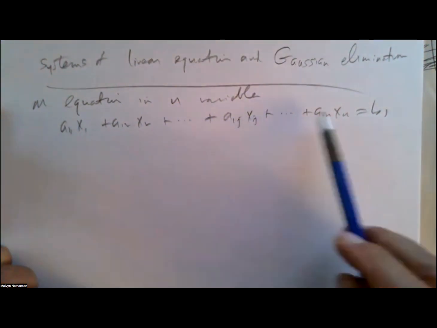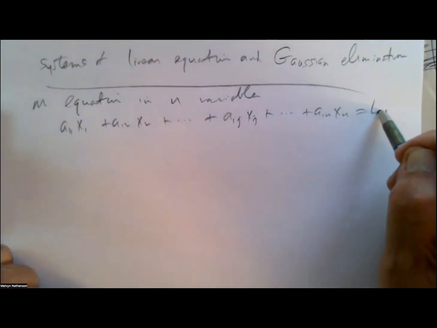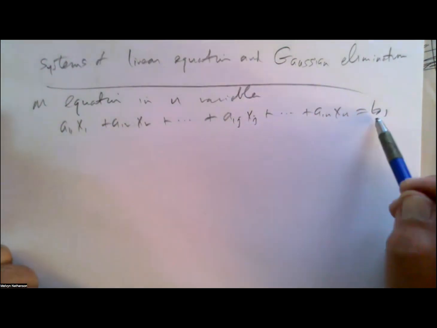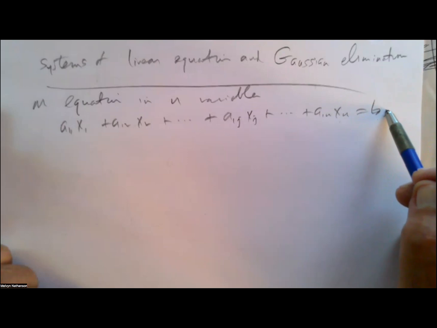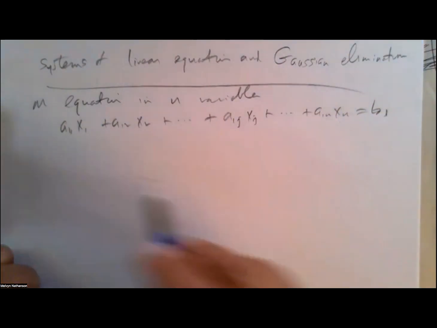So this is one equation in n variables. The right-hand side could be 0 or non-zero, but we're not specifying what b1 is. This is our first equation.